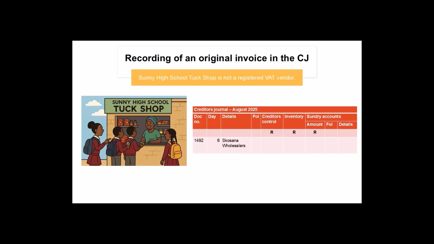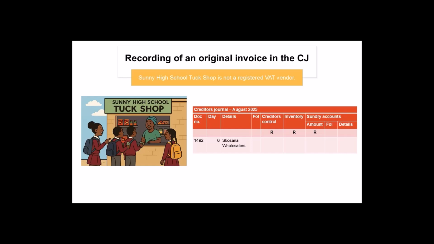Now, the next thing we need to record is the amount of the transaction in our creditors control column and in our inventory column. But our invoice had value-added tax on it. Our creditors journal does not have a VAT input column. Why?